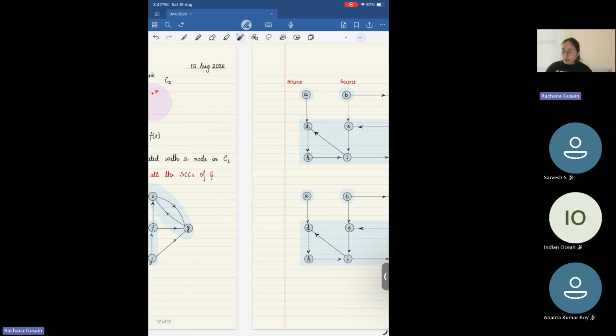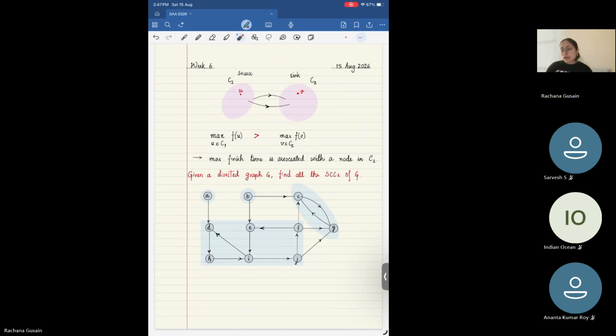And from this property, it is clear that if I run my DFS on the graph of strongly connected components, then the maximum finish time will be associated with a node in a source strongly connected component.